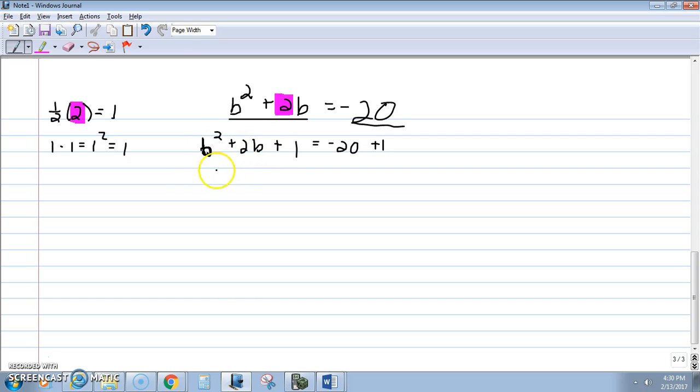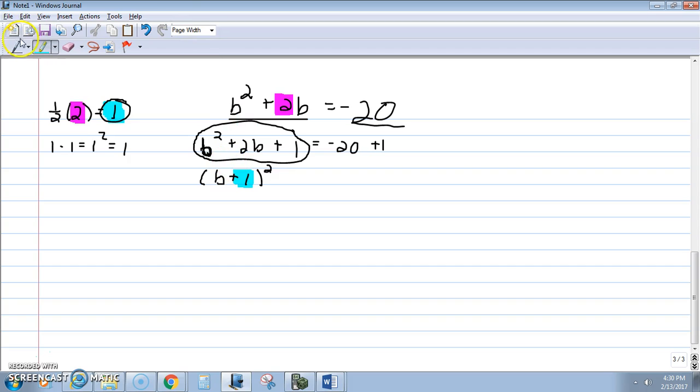Cool. Now I turn this into my perfect square, which means I have to grab this number. Okay, and let's make that blue. This number is going to be the same as, and it's positive, this number. Those two, that's where I got that number from, was half of 2 up here, okay?